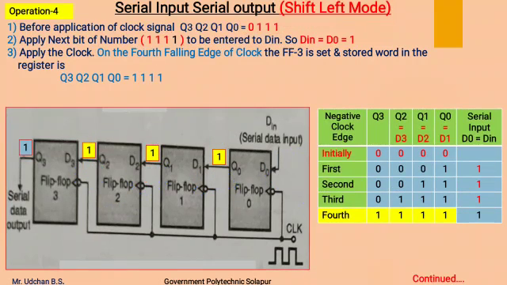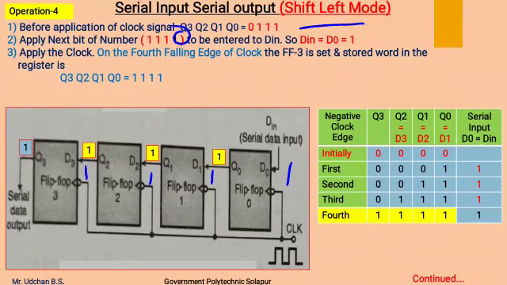Now we will see the last bit, which is to be stored in the register, that is this one is applied as input to this data input. Before applying clock pulse, the Q outputs are 0, 1, 1, 1, means Q0 is 1, so D1 will be 1, Q1 is 1, so D2 will be 1, and Q2 is 1, so D3 will also be 1.